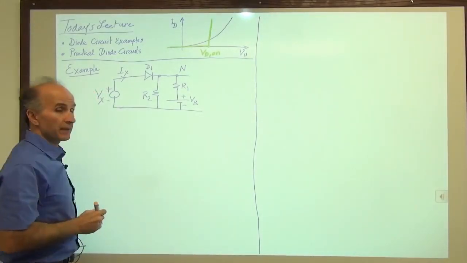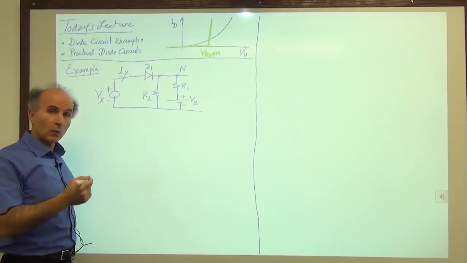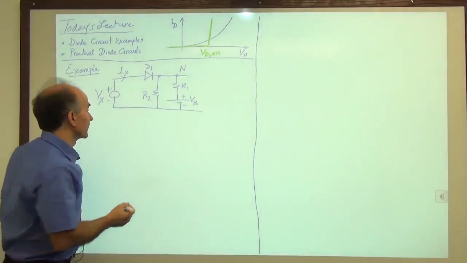So again, Vx is equal to minus infinity when we start out, and we would like to see what the circuit looks like under that condition.